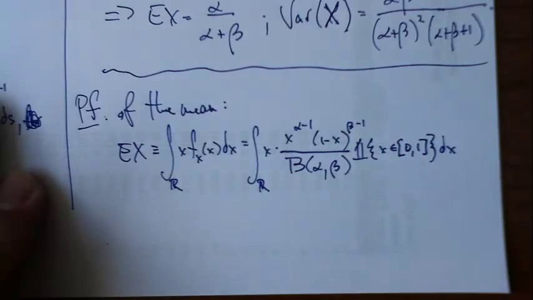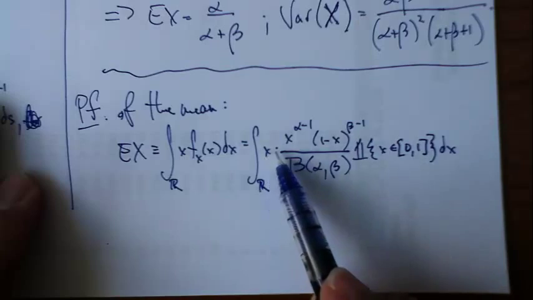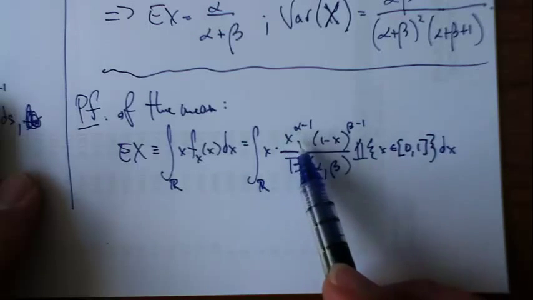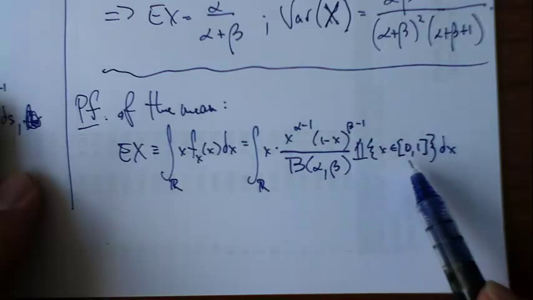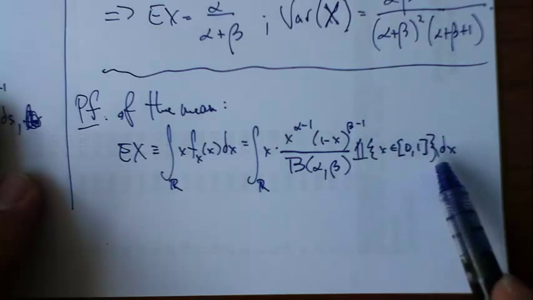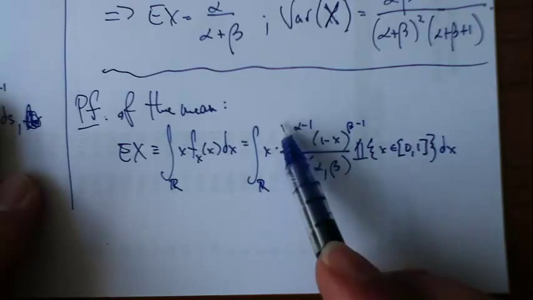See that? Now, you can see what I can do right away here. I can pull this x into this other factor and just have x to the alpha. And I can also use this indicator function to simplify the integrand. I can remove this indicator function provided I change my integration limits to be 0 to 1.